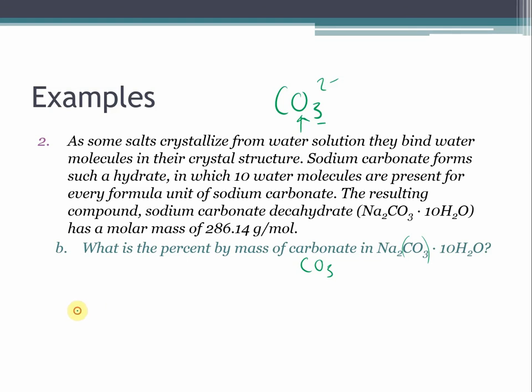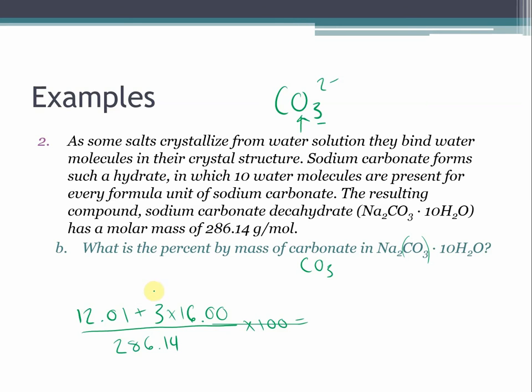So that'll be the 1 carbon, 12.01, plus the 3 oxygens, 3 times 16. And there's only 1 of these. So we'll take our total mass of carbonate and divide it by the total mass of the whole entire compound. So 286.14 times 100.